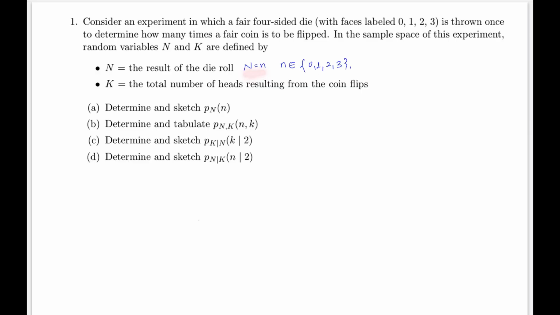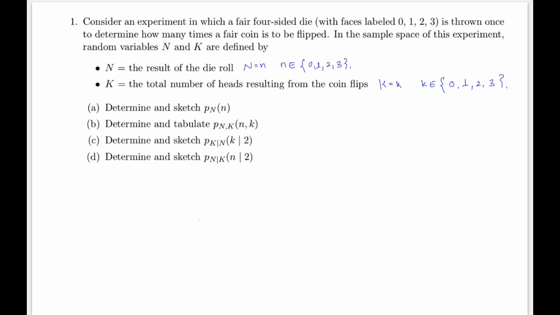So maybe you will flip the coin 0 times, or once, or twice, or thrice, and depending upon how many times you flip the coin, you will get that many heads. Let's say this random variable k takes the value little k, and this little k belongs to the set where it takes the values 0, 1, 2 and 3.